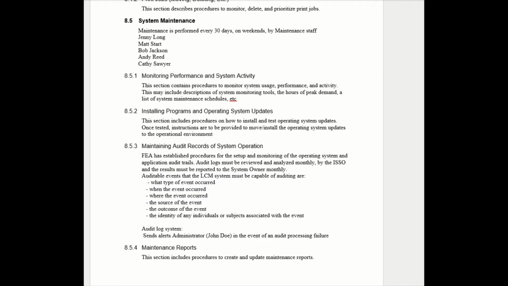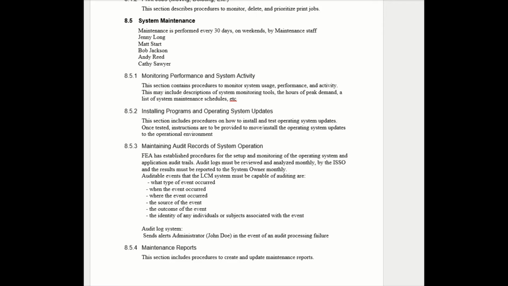So here is evidence to support the AU-6 control, where it says that the organization needs to have an audit log review process and a frequency set up.